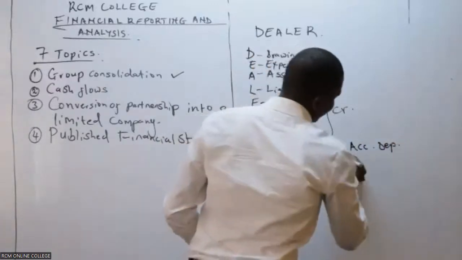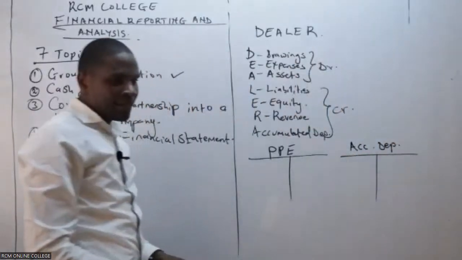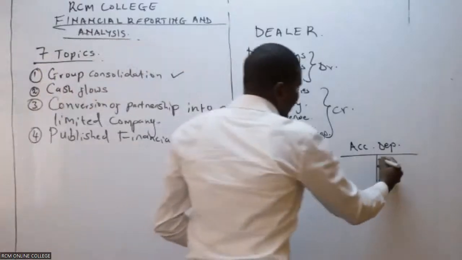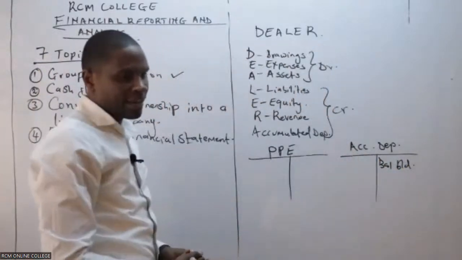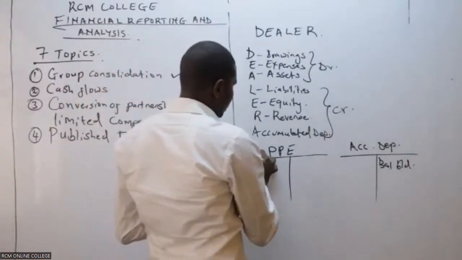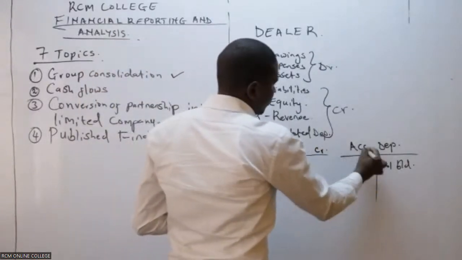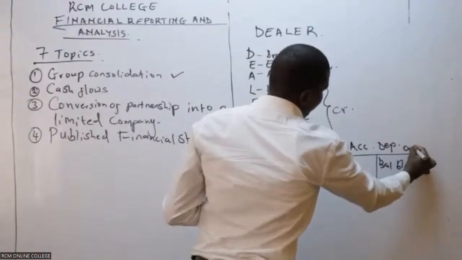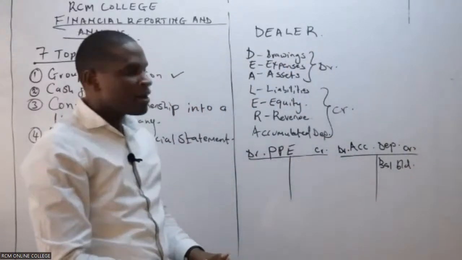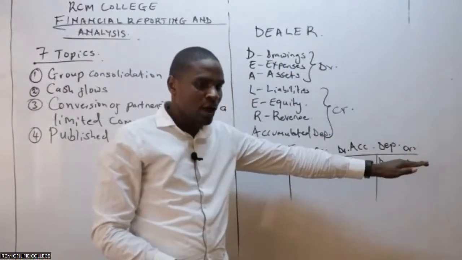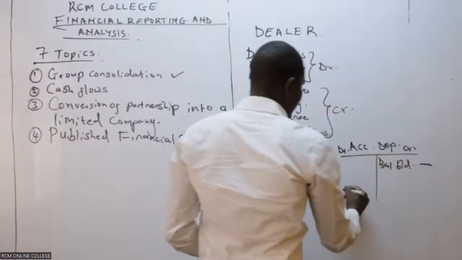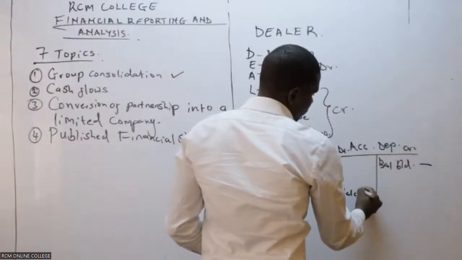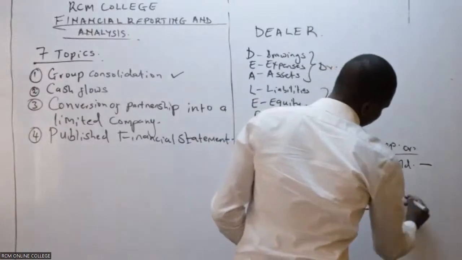I cannot remember the values well, but I can remember that our balance brought down was on the credit side. Of course, my left side is debit, my right side is credit. Can you remember the balance that is brought down? The balance brought down is credited. Balance carried down is debited, and then you get what?